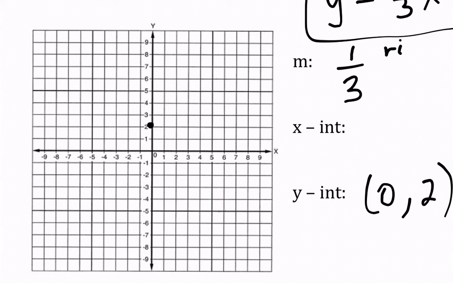Slope tells me how to rise over how to run. So from this point right here, I'm going to rise 1, run 3, put a new dot. Do it again from here. Rise 1, run 3, put a new dot. Do it again. Rise 1, run 3.